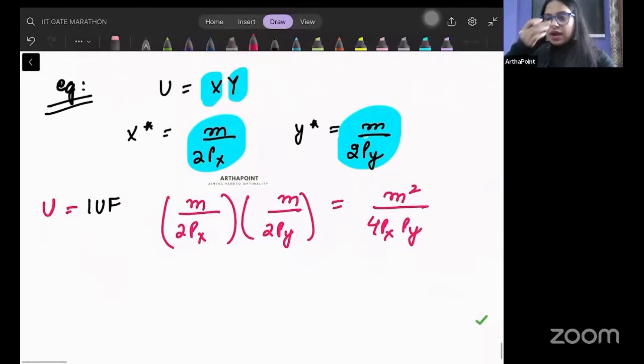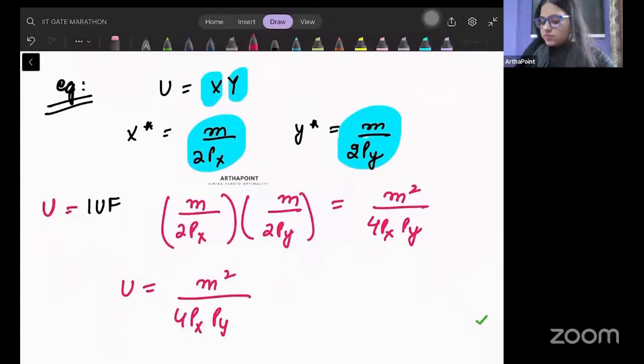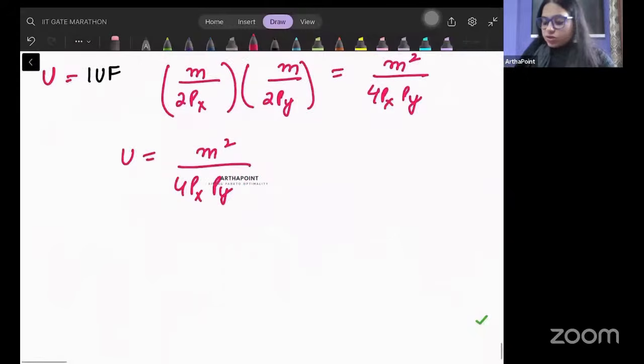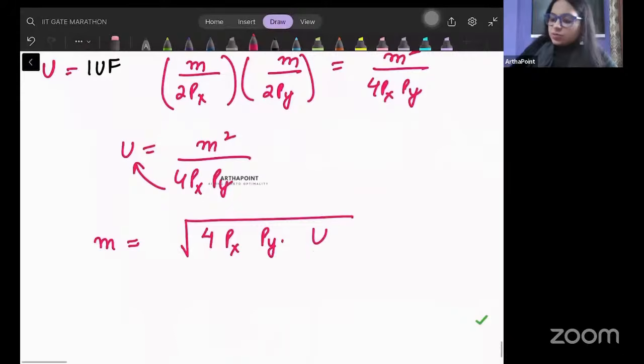Now, I can take m on one side and everything else on the other side. So if I find the value of m from here, what will I get? Under root, 4 px py u. This will be my income.